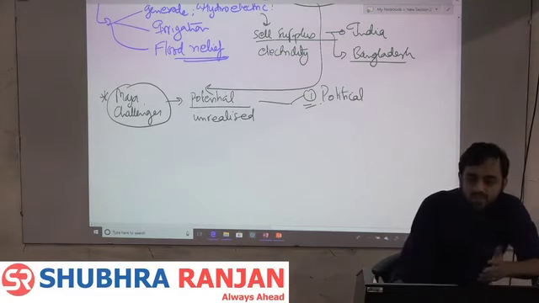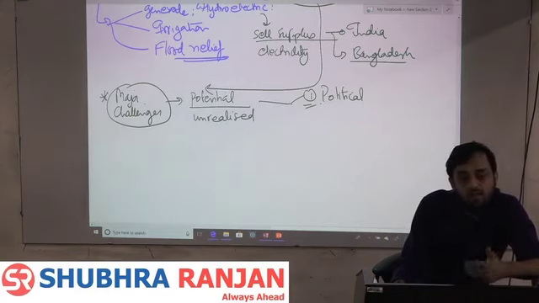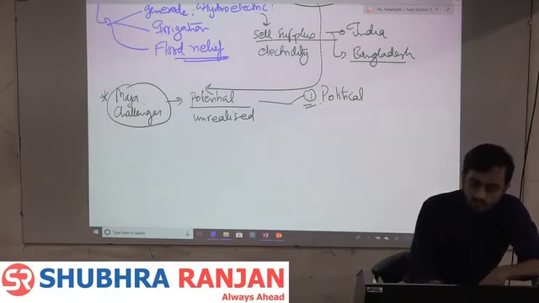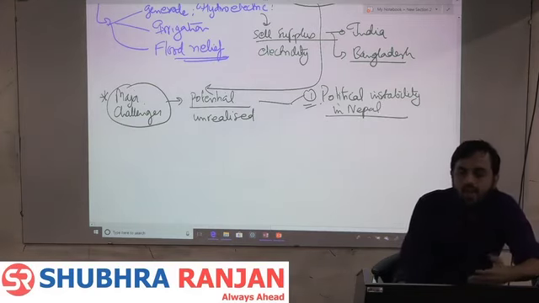They'll ask you a question like this: discuss the issues and challenges in India-Nepal hydropower cooperation and its potential for India-Nepal relationship. Okay, so why has this potential remained unutilized? Is because of political instability. Where? In Nepal. क्या है?